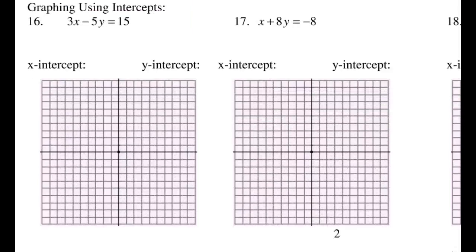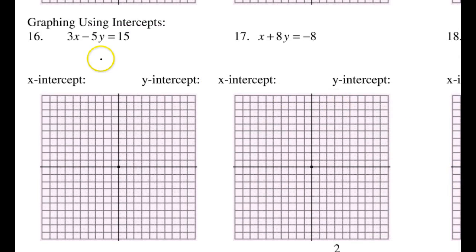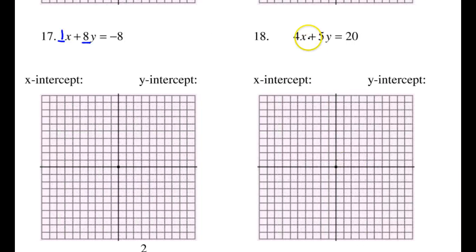All right. Go ahead and skip this last part where it says graph by using intercepts. There's a special shortcut you can do if both the coefficient of x and the coefficient of y go into this value, like 3 and 5 go into 15. Over here, 1 and 8 go into 8, and 4 and 5 go into 20, but we're not going to have time to get to that before the break.